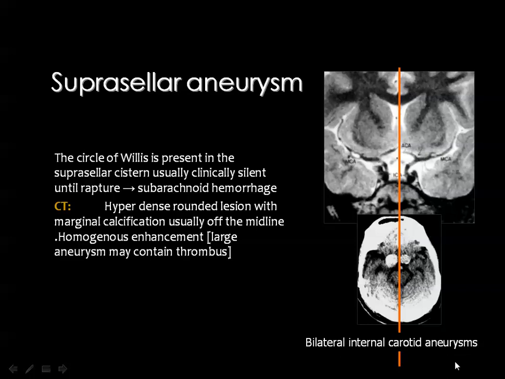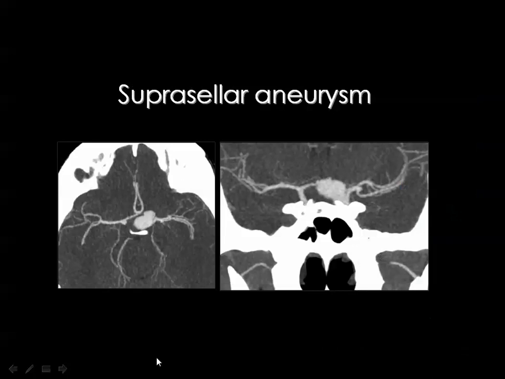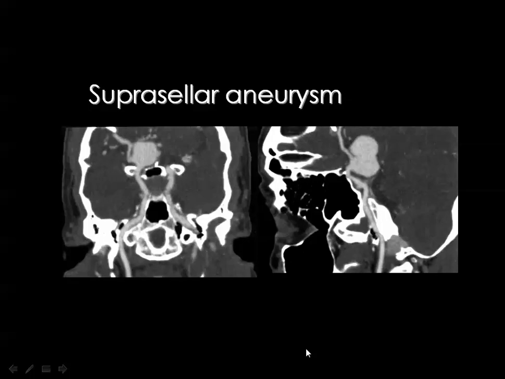You should know also that aneurysms are located slightly off the midline because they arise from the bifurcation of the vessels, while most of the suprasellar pathology is usually located exactly in the midline. CT angiography and MR angiography are helpful in the delineation of the aneurysm and confirming the diagnosis, and show the neck of the aneurysm, which is important for the treating physicians.